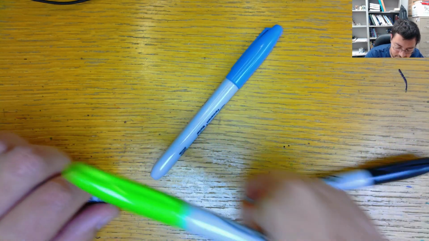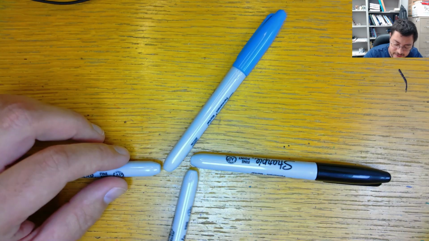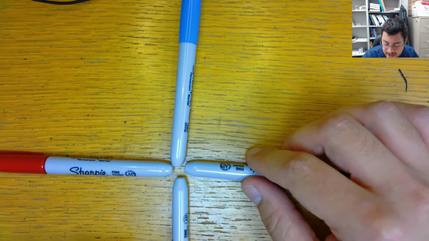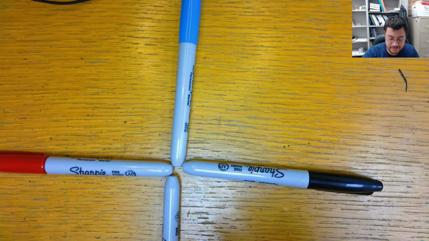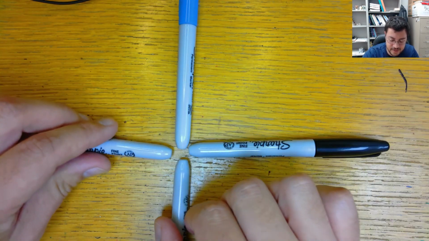But if we go to four groups, then yes, we do. At the moment, we're thinking like a circle, so it's 90, 90, 90, 90.